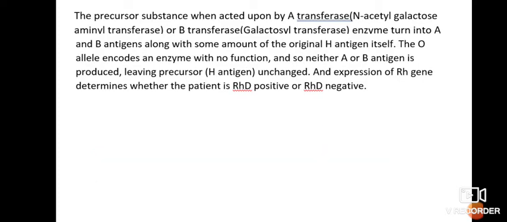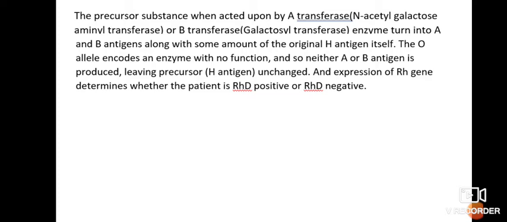And this H substance which I talked about will be acted upon by different enzymes. Those enzymes will determine whether it will form an A antigen or B antigen, or it will remain as the original H antigen. For A antigen, there is an enzyme called A transferase or N-acetylgalactosaminyl transferase. For B antigen, there is an enzyme called B transferase or galactosyl transferase, which on acting upon H antigen will form the corresponding antigen. In O individuals there is an enzyme with no function.